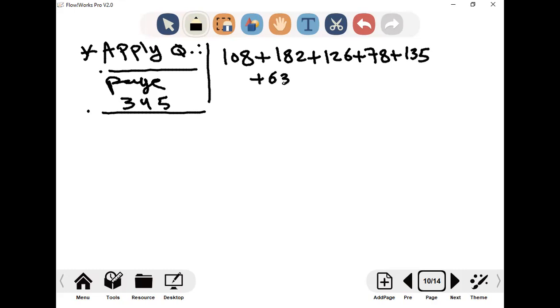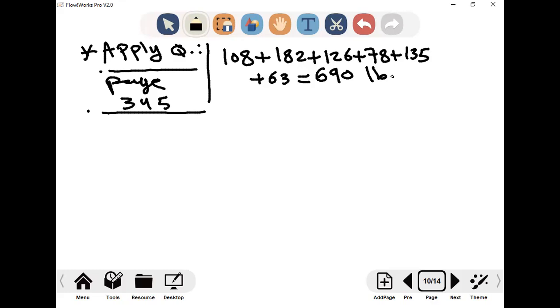Let's add them. I'll use my calculator to save time. 108 plus 182 plus 126 plus 78 plus 135 plus 63. It is 690 pounds.